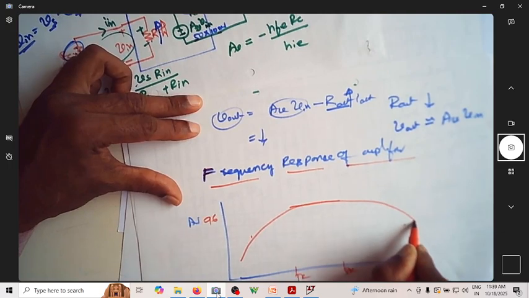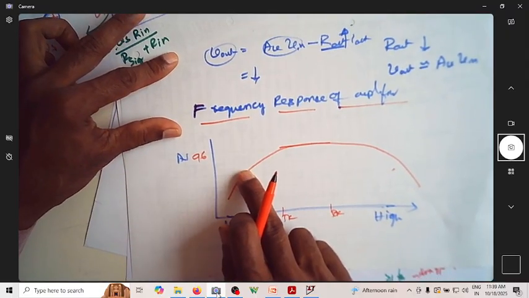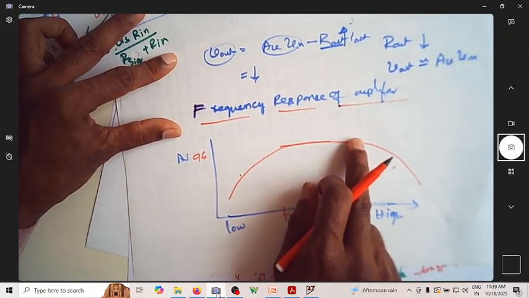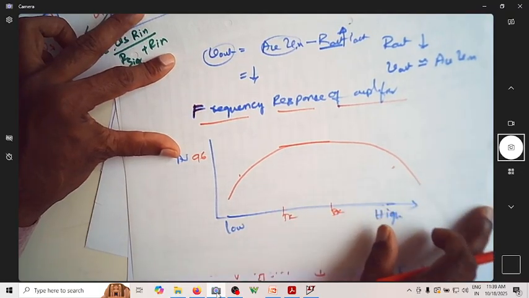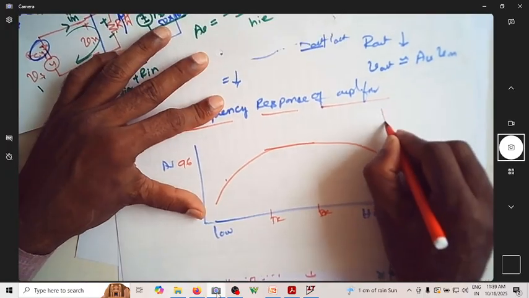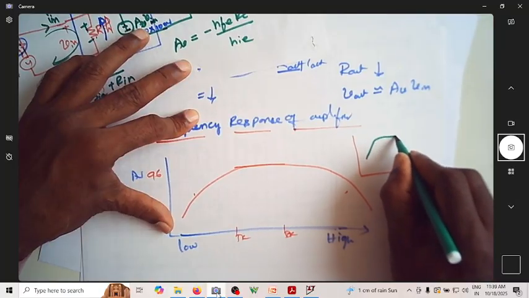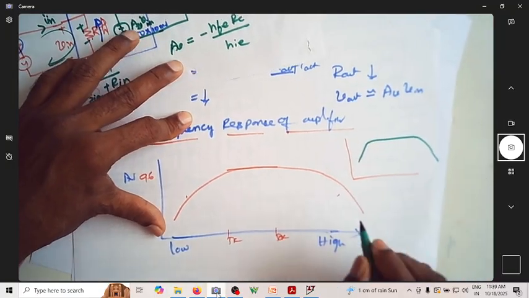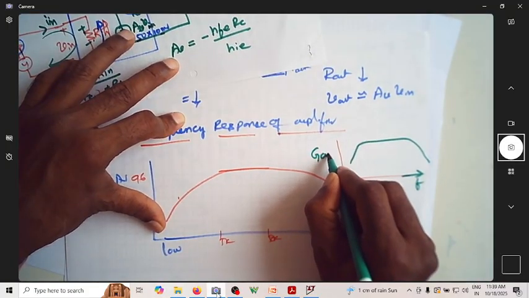At lower frequency the gain is less. At mid-band frequency the gain is almost constant, and it reduces if you go to very high frequencies. It increases, becomes constant, and then reduces further. So this is the frequency versus gain of the amplifier.